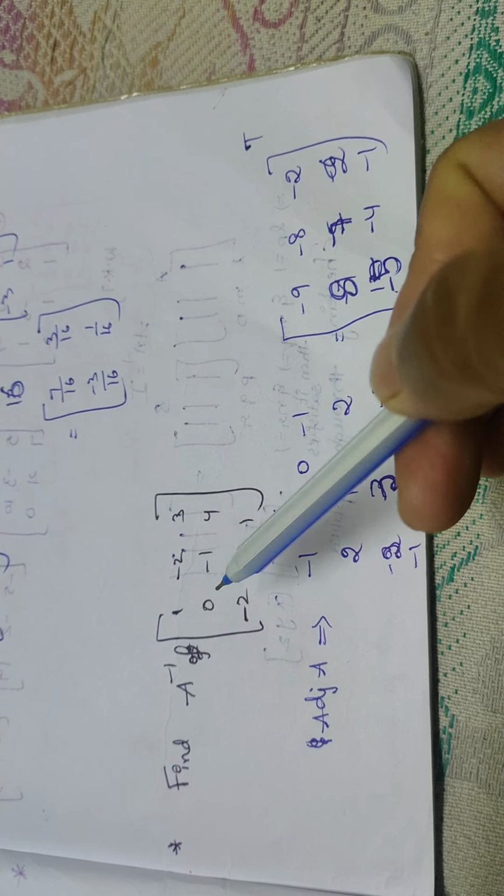Next go to this one: 6 into 3 is 18, 3 into 5 is 15, 10 into 7 is 70. If we add those values and get 1, then check the second and third columns. Here also it is more than 1, so this is not the answer.